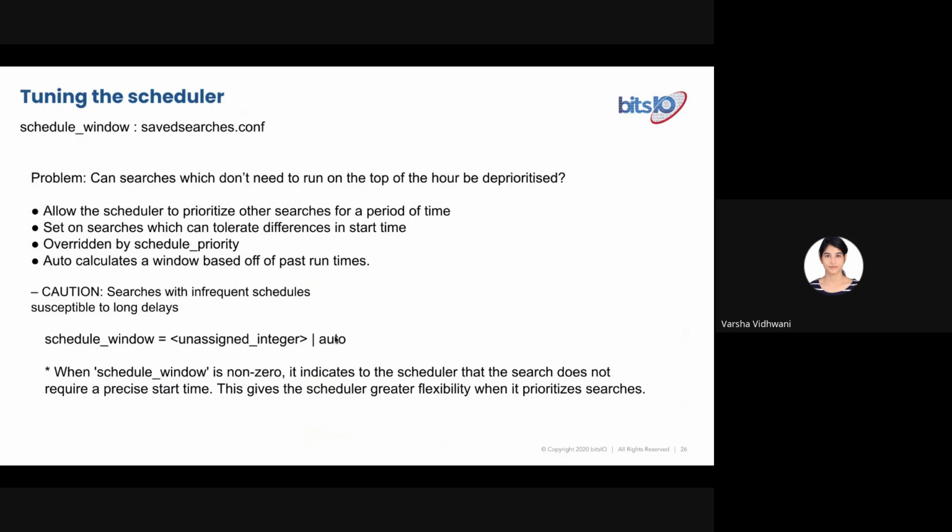The scheduler will use this flexibility to prioritize other searches that need to be run immediately. The system will automatically calculate an optimal window based on the historic run times for these searches.